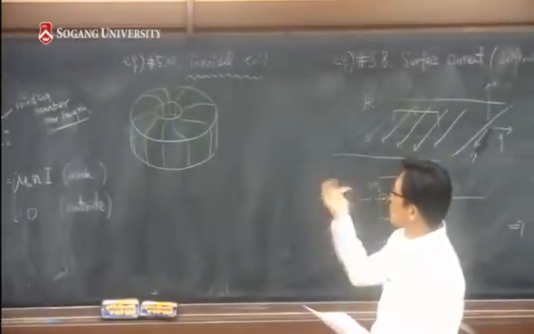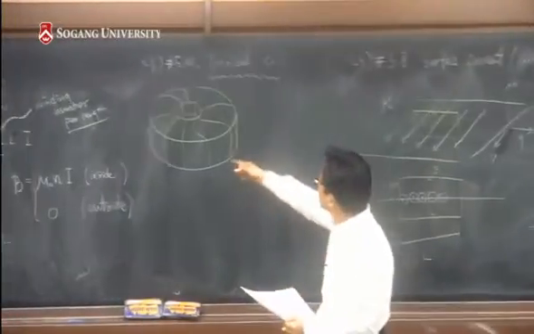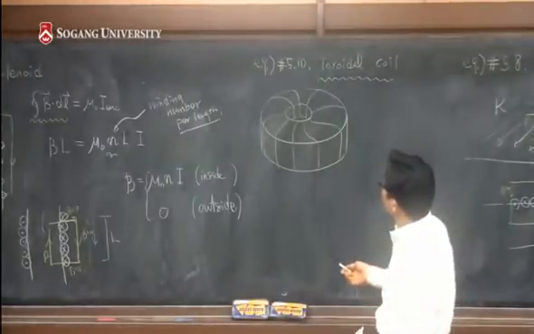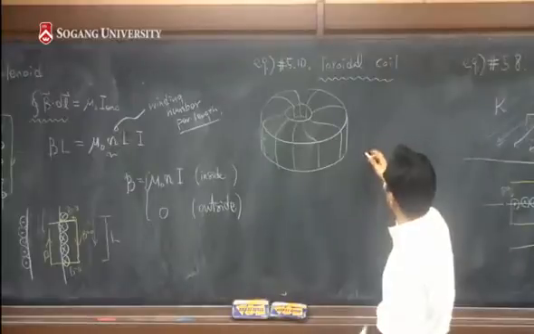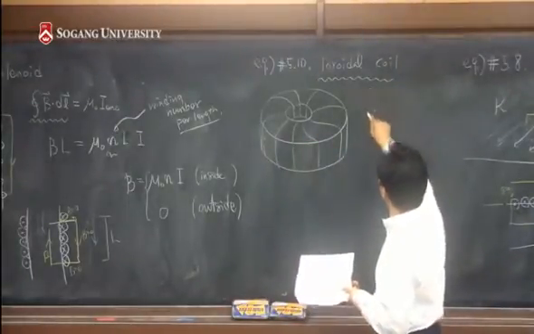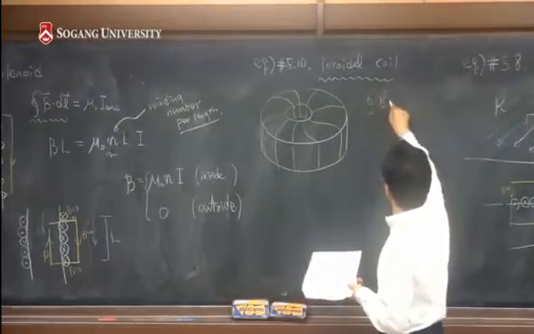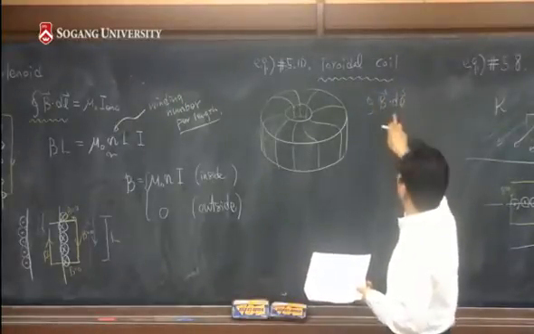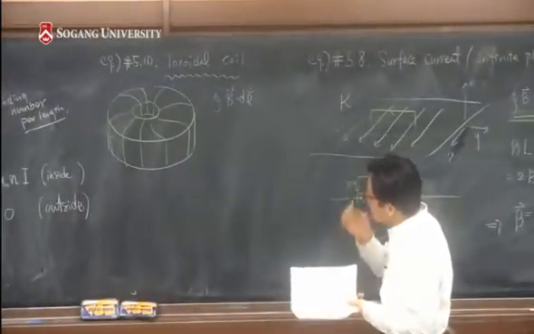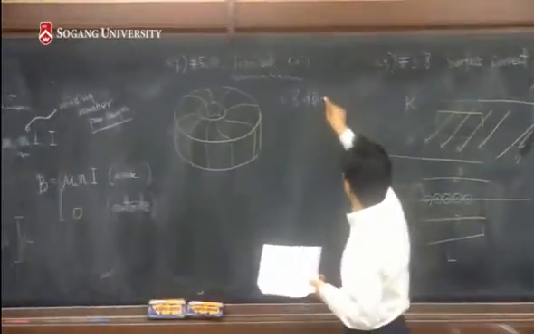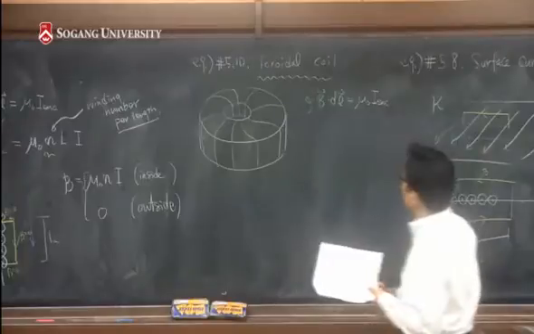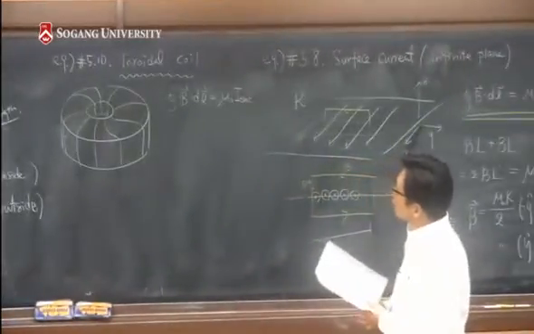The question is answered through the application of Ampere's law in integral form: the line integral of the magnetic field will be mu 0 times the current enclosed by the loop.